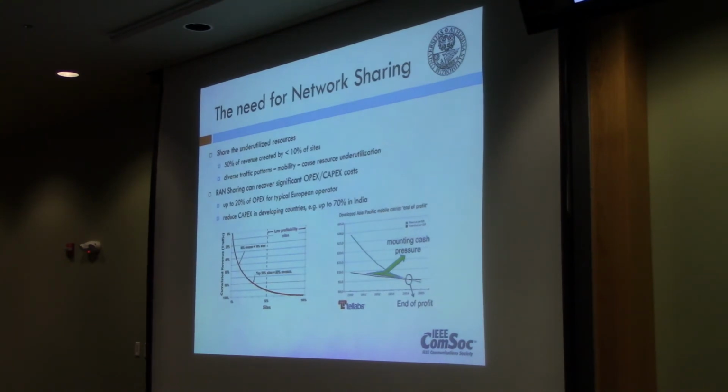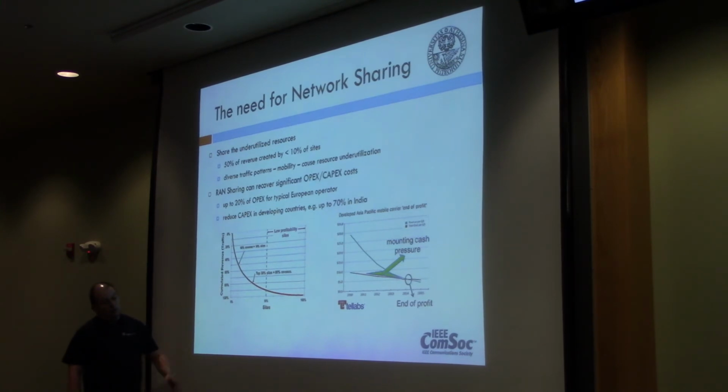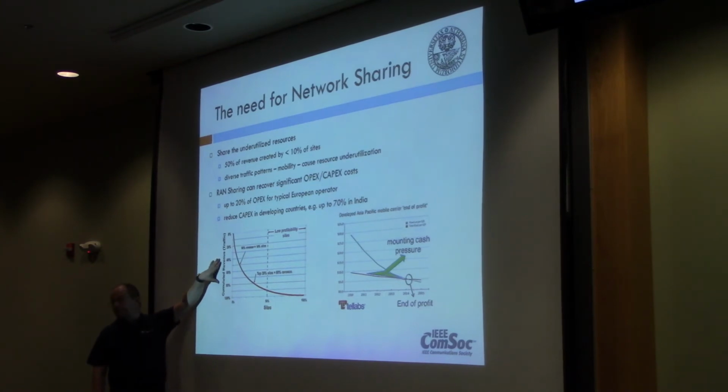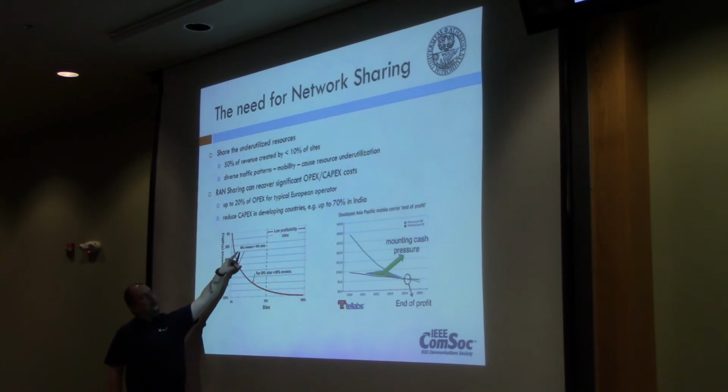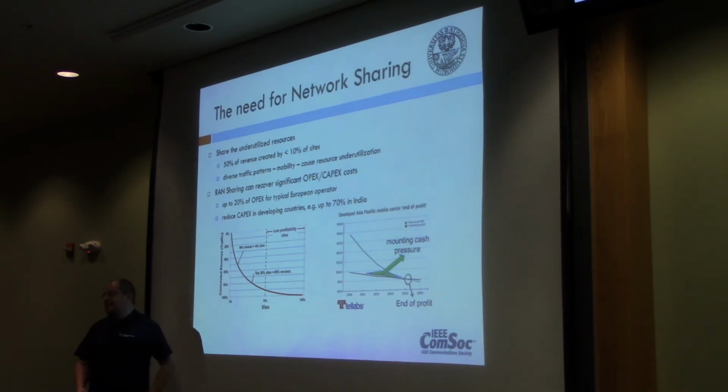Another problem that comes, that is, in my opinion, one of the two best reasons for having more flexibility. It's quite impressive because that is a diagram that I got from one of my colleagues that works for a company. If you look at the revenue of a typical operator, it gets 50% of the revenue from 10% of the sites.